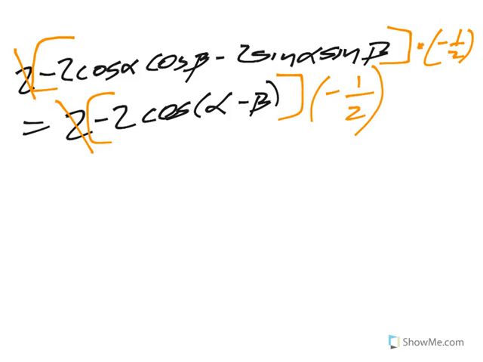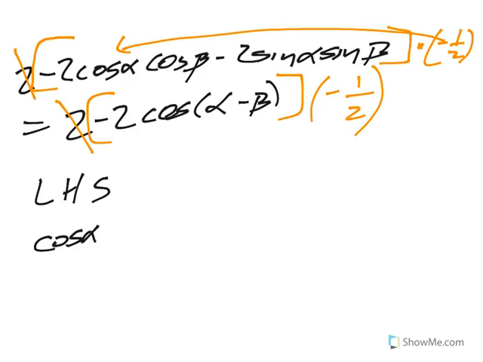When that negative 1/2 sees the first term, negative 1/2 times negative 2 is just positive 1. So the left-hand side is now going to be positive cosine alpha cosine beta. Then when that negative 1/2, by the distributive property, hits this term, the same thing happens.